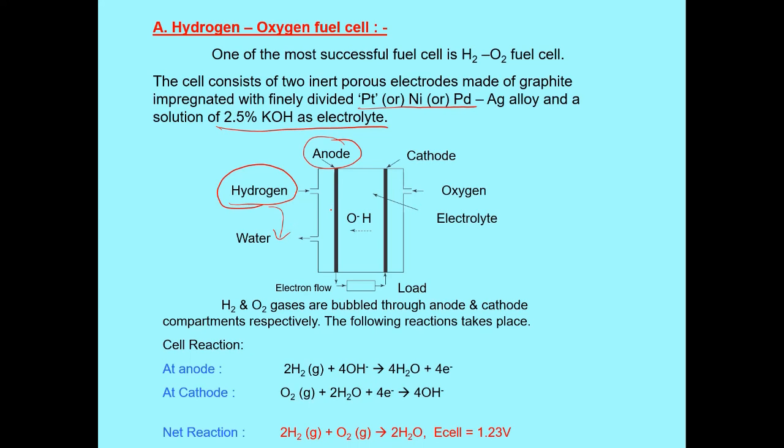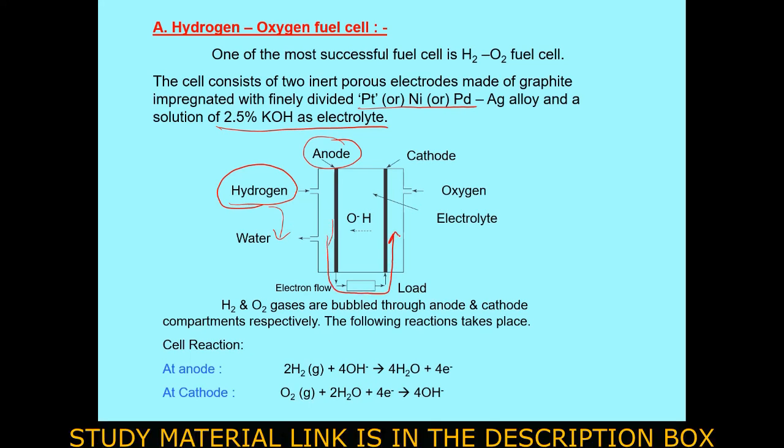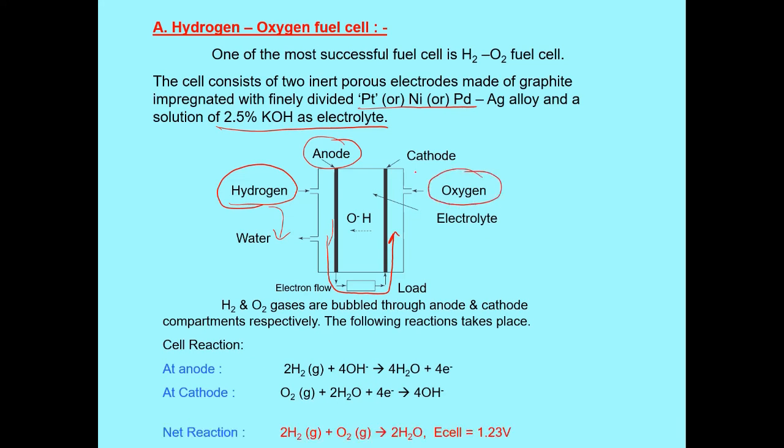These electrons will flow from the anode to the cathode, and they will be accepted by oxygen, and therefore the oxygen will be reduced to OH minus. So what will be the overall reaction?